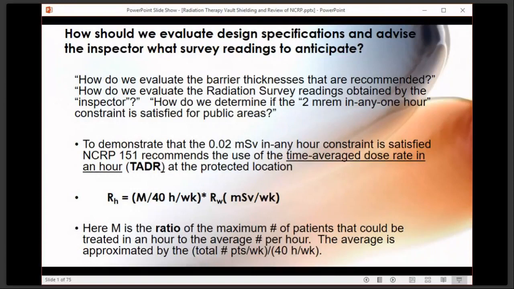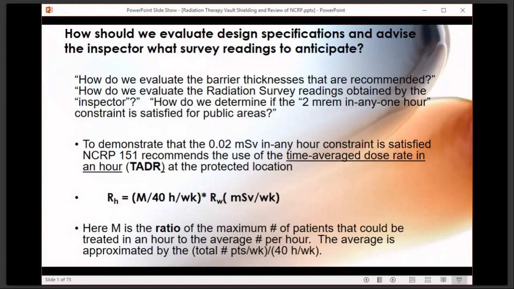And so we can make these estimates and provide them in a shielding report or have them available for the inspector. One of the first questions they ask is: are the public areas shielded sufficiently to satisfy the constraint that's put on public areas, namely the time-based limit, you probably heard it expressed as 2 millirem in any 1 hour, coming from the NRC.